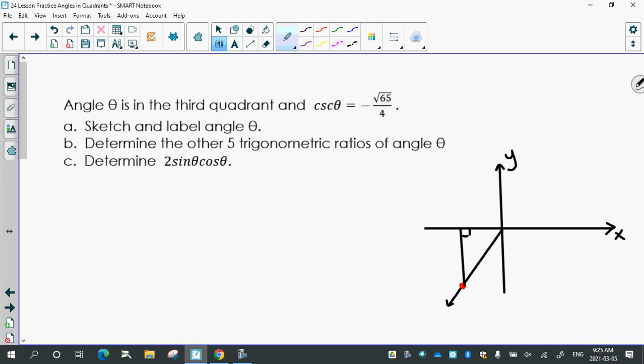All right, so you need to know that cosecant theta is r over y. That's the definition of cosecant, the r value over the y value. So knowing that r is always positive helps us a lot.